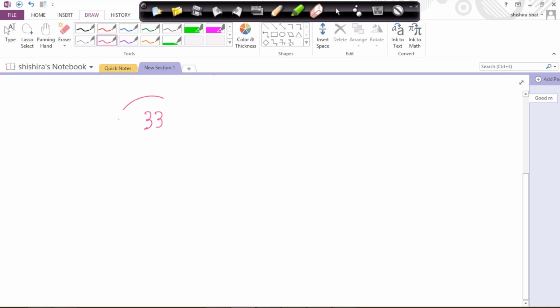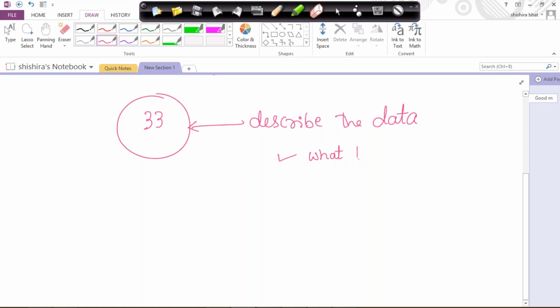So you have to describe the data. How do you describe the data? The first thing is that you should describe what category of data it is, or what type of data.